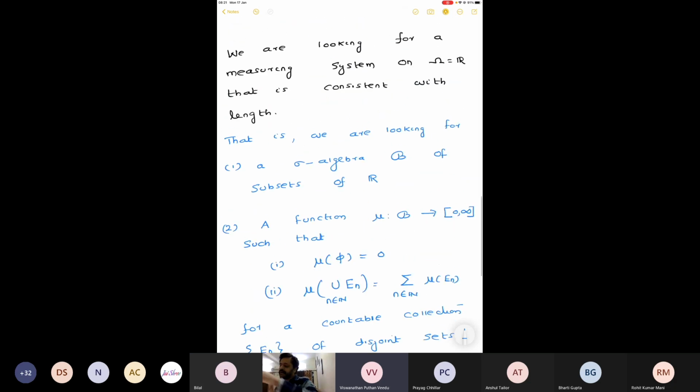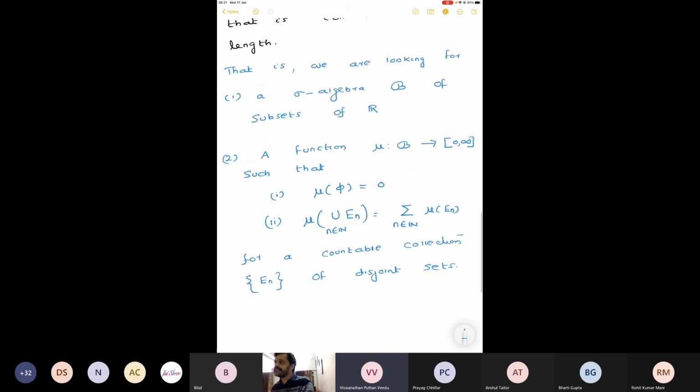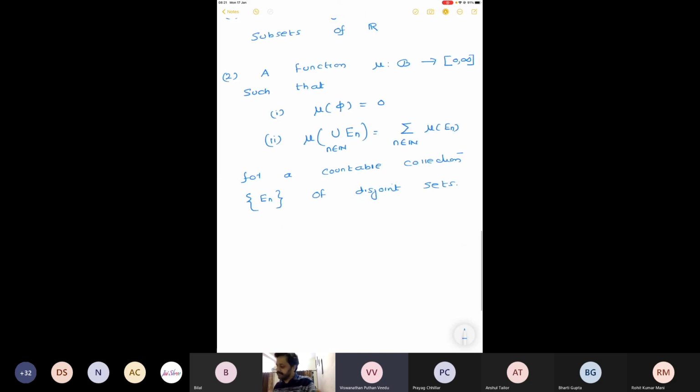So let me repeat. We are looking for a measuring system on R that is consistent with the length. Meaning, we need a sigma algebra. We need a function mu satisfying three conditions. One is non-negativity that I have included here by saying mu is a function from B to 0 to infinity, and it satisfies these two conditions. This tells you that we are looking for a measure. Now, what do you mean by you want the measure to be consistent with the length?